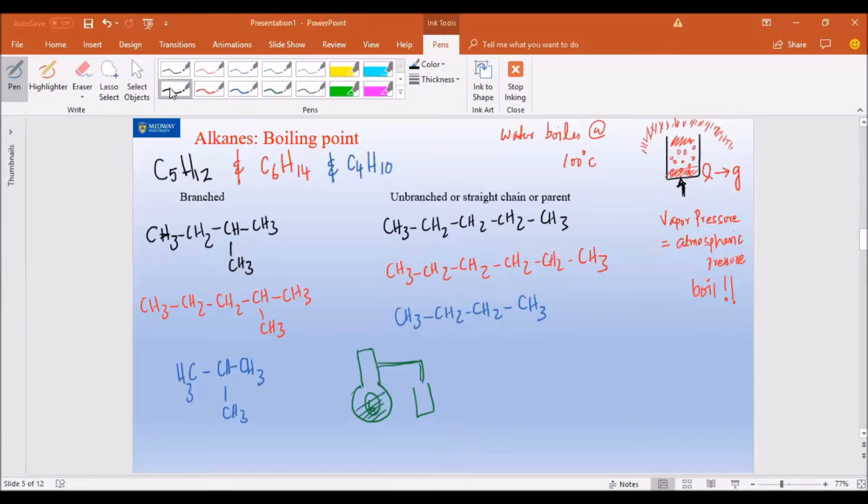There are 2 primary rules. Higher the number of carbons, higher the boiling point. That's the first rule. Don't jump in and start saying, oh, this will, this will.